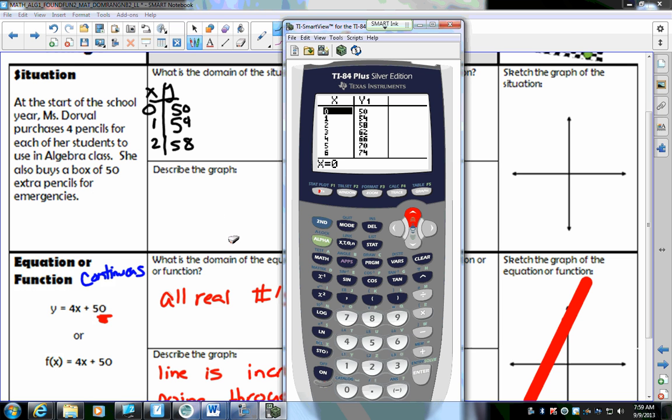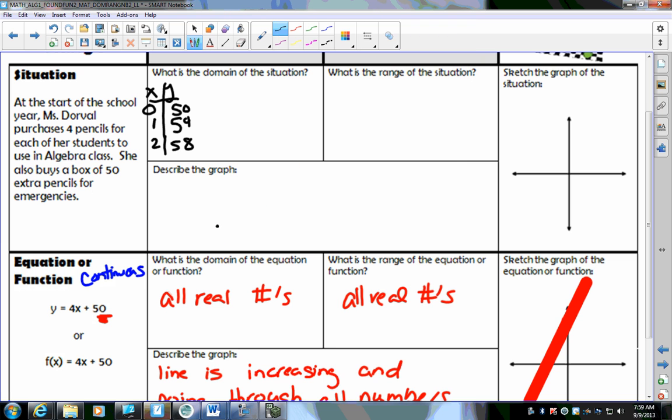So when it asks me what is my domain, I could do this a couple ways. I could write from 0 to a reasonable number. She's not going to have like 300, 500 students in there.